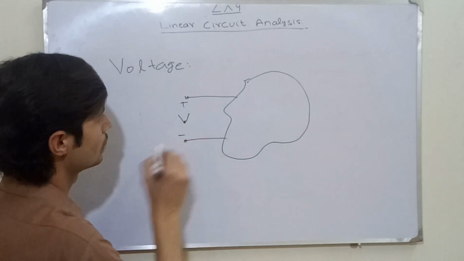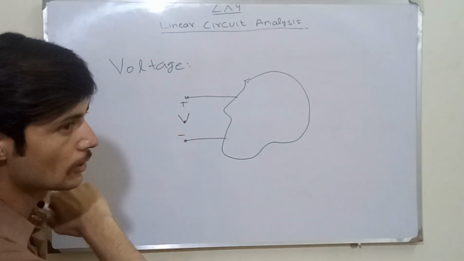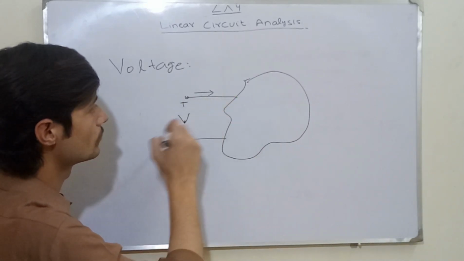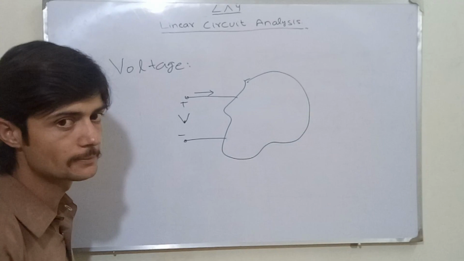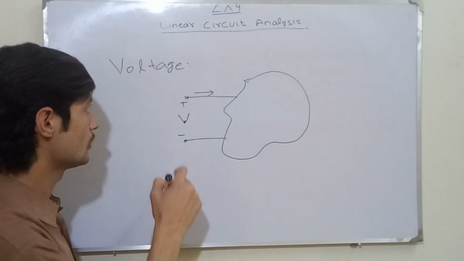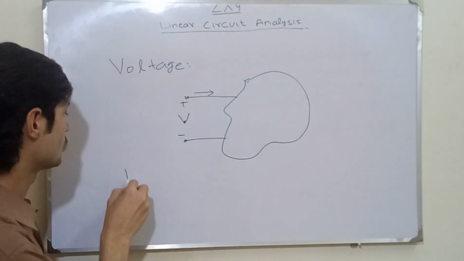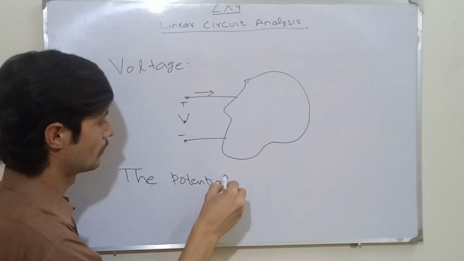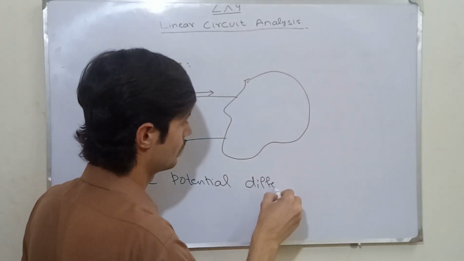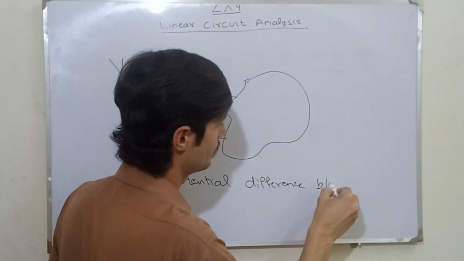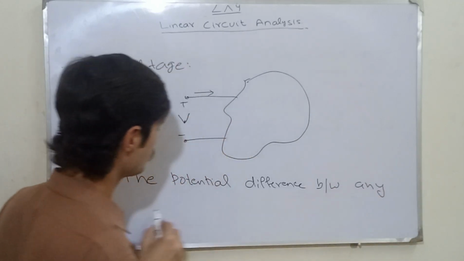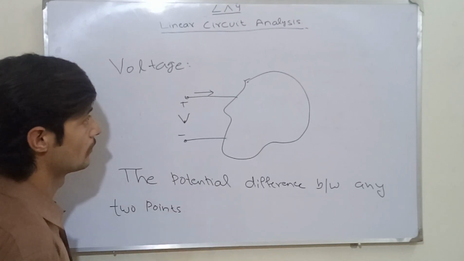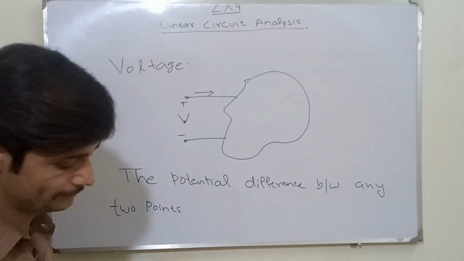Here is the voltage, and this voltage is the amount of work required to push charges into this element. This is called voltage, and another definition is the potential difference between any two points is called voltage.